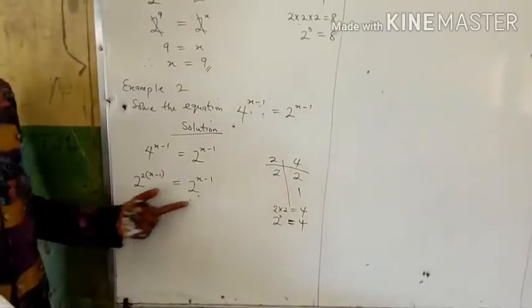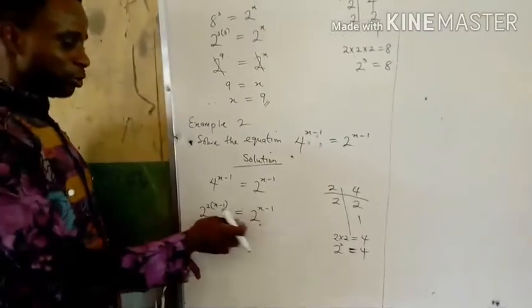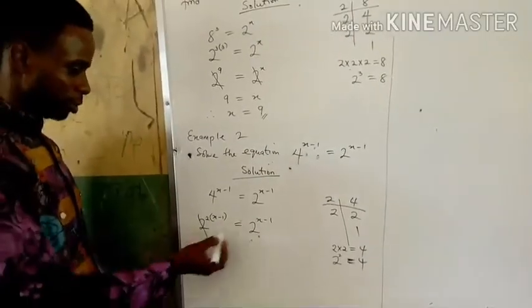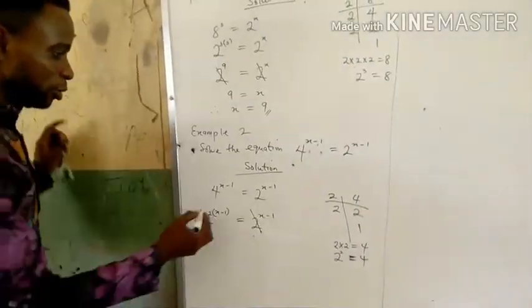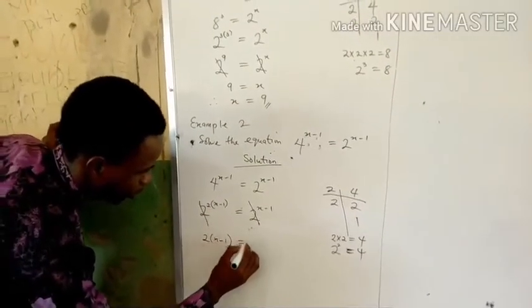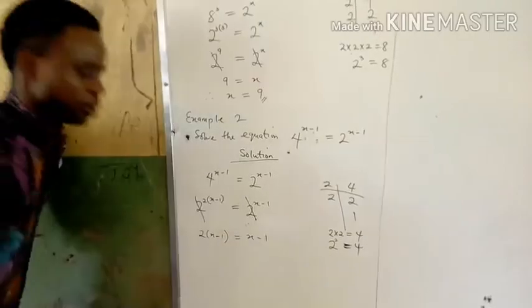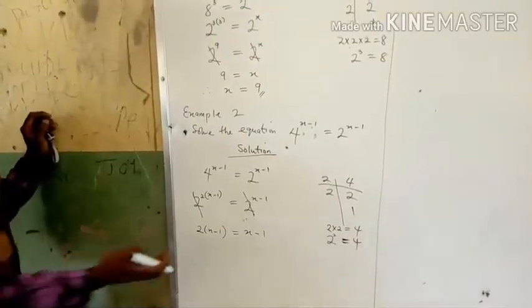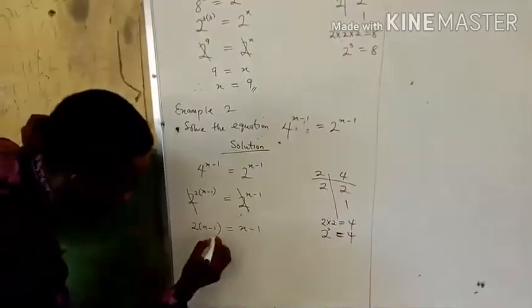Okay? Now, since the bases are equal, and in between the bases we have an equal sign, you cancel. So this becomes 2 open bracket x minus 1 close bracket equals x minus 1. So we expand. You open this, expand.